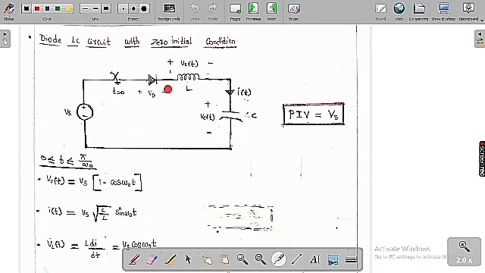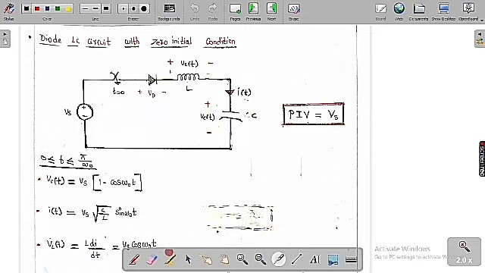So the circuit is going to conduct only from 0 less than t less than or equal to pi by omega naught. Only for this region the current is positive, so the diode conducts. After that the current will be negative, so the diode is going to turn off. That is the meaning of this.